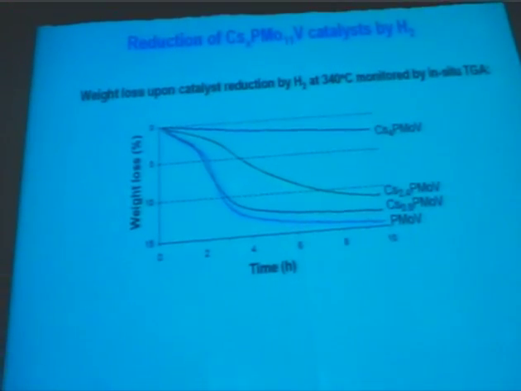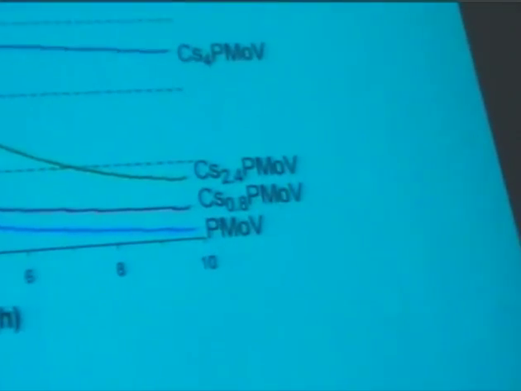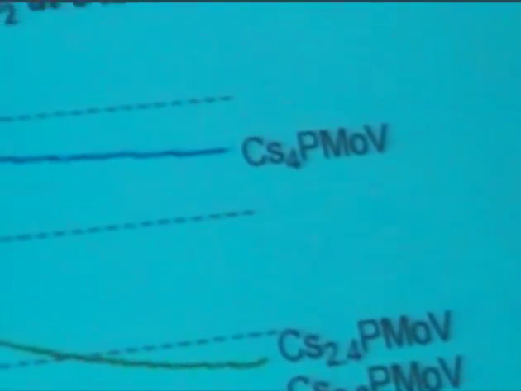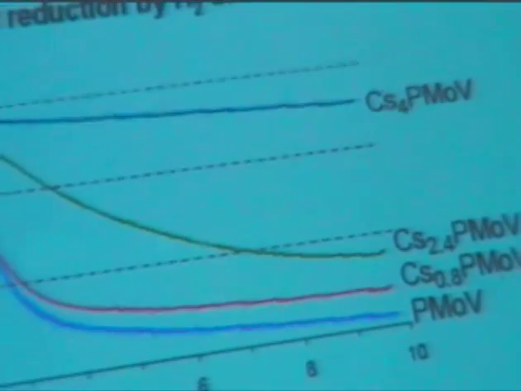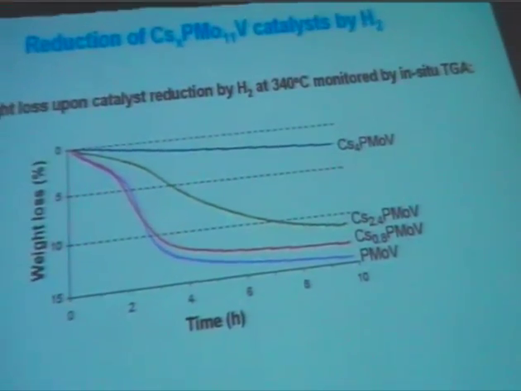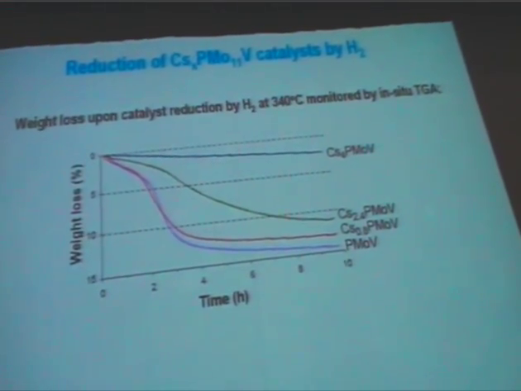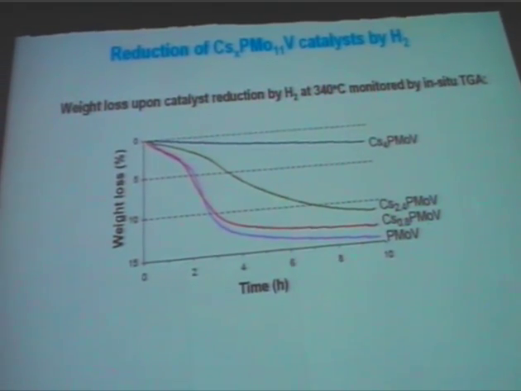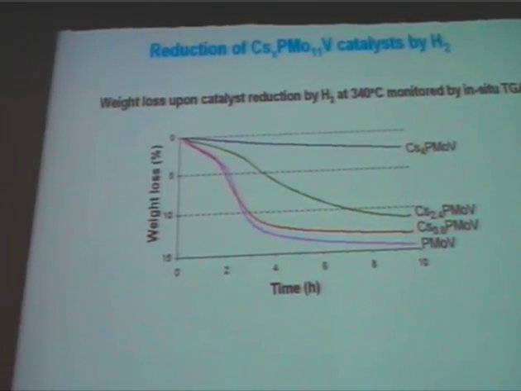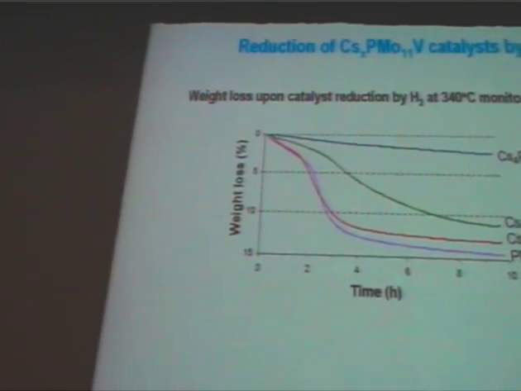And the higher the cesium content, the more resistant the heteropoly compound is towards the reduction, which is in line with their activity in propanoic acid hydrogenation. So these results support our suggestion about the reaction occurring via the Mars-van Krevelen redox mechanism.